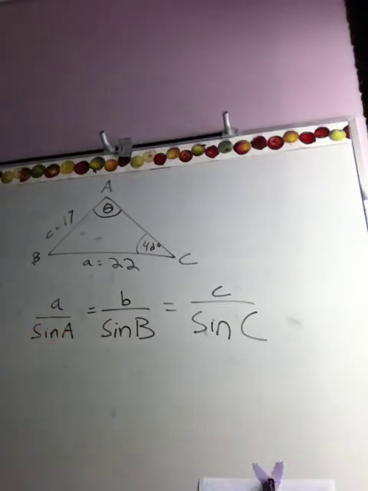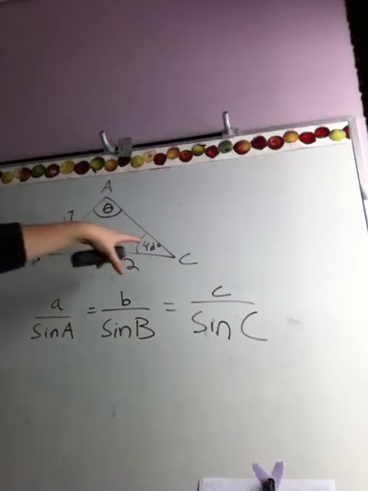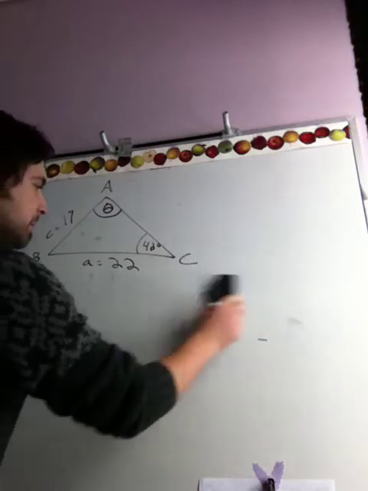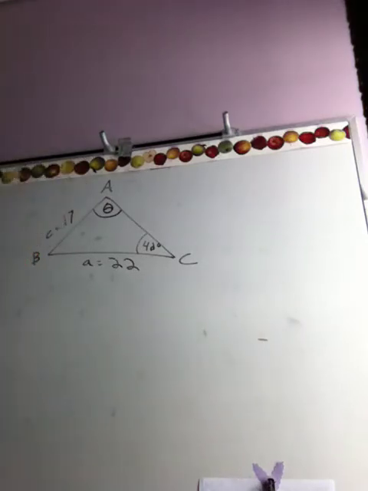And you can only have one unknown. So, if we look up here, well, we're looking for A. Do we know the side that's opposite to it? Yep, it's 22. We also have another side that we're given, and we know its opposite angle. So, we can set up an equation using those values, and there will only be one unknown.